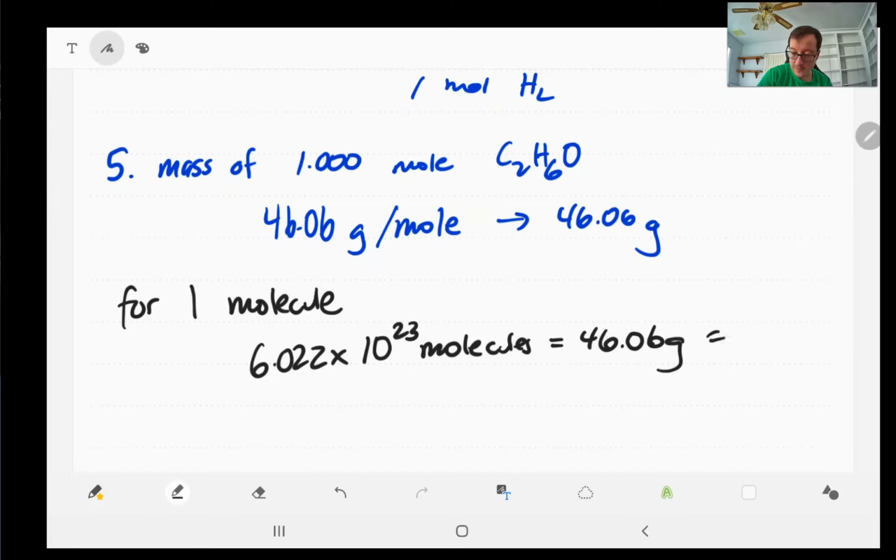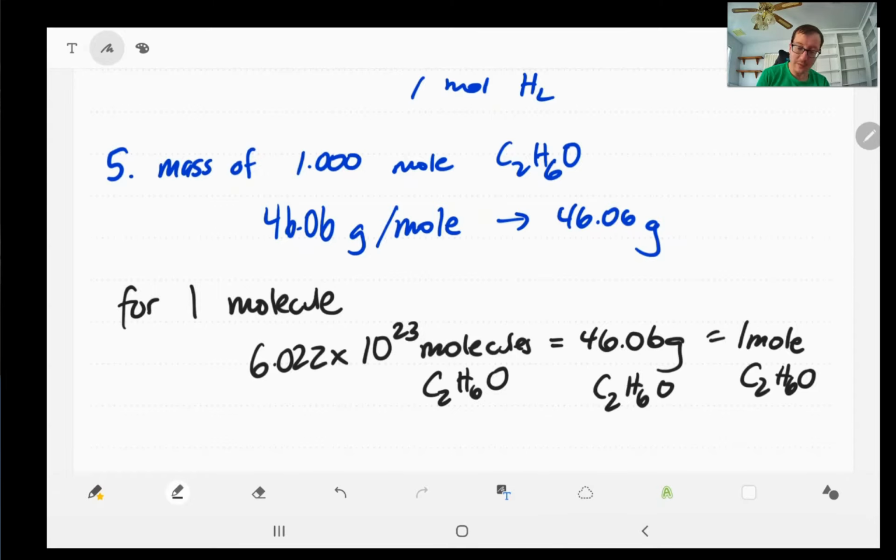These all equal 1 mole, right? 1 mole of ethanol, C2H6O, is equal to 46.06 grams of ethanol, which is equal to 6.022 times 10 to the 23rd power molecules of ethanol. So all of these three are equal to each other.